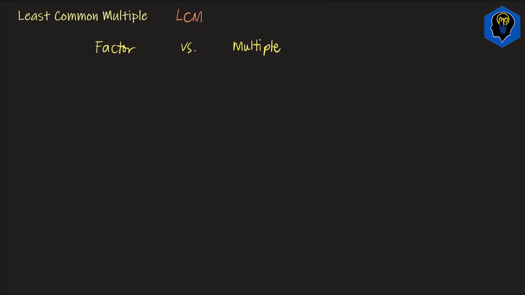When you have, for example, 2 times 5 is equal to 10. So 2 and 5 are your factors. So factors are the numbers that you multiply. Okay? Factors are the numbers that you multiply.